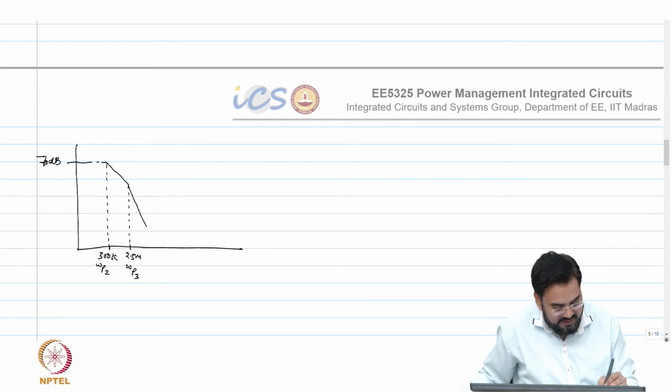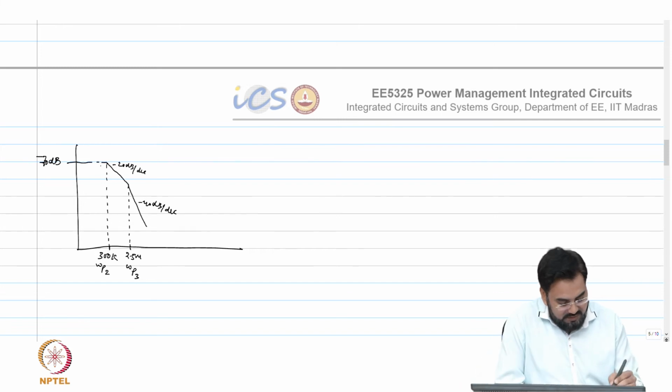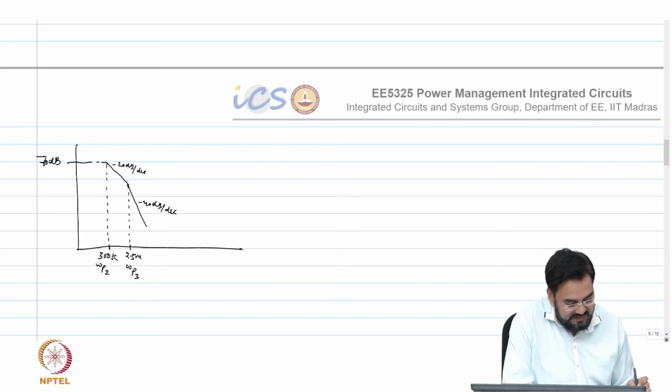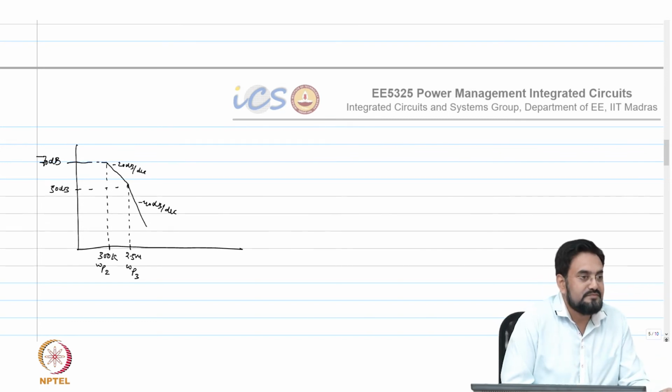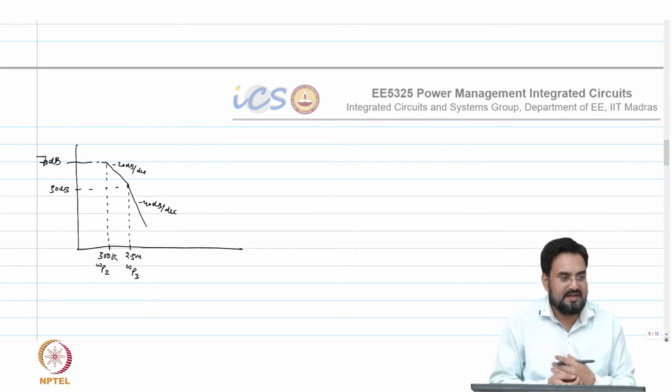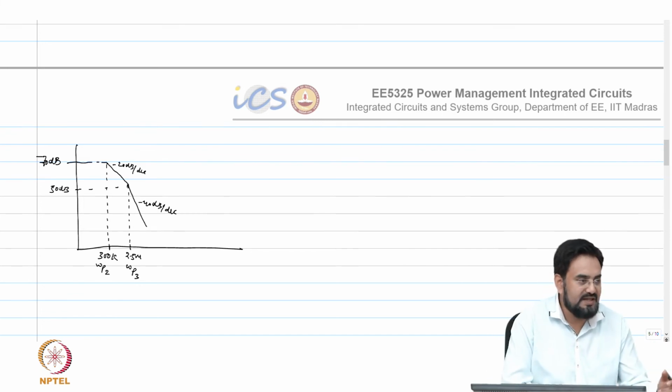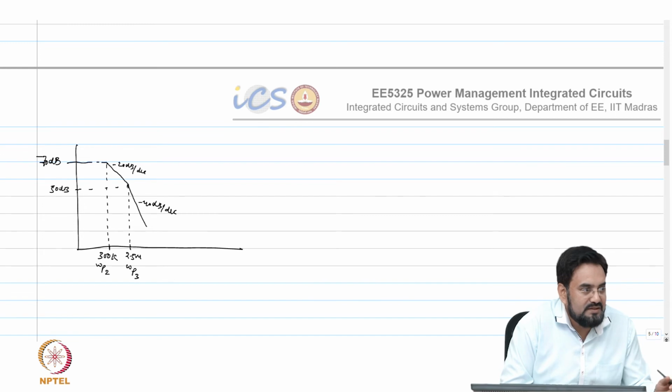Now your drop will happen at, so this is minus 20 dB per decade, this is minus 40 dB per decade. So when you hit the second pole, your gain will be close to 50 dB, because it's almost 1 decade away. So 70 dB minus 20 dB, or 50.